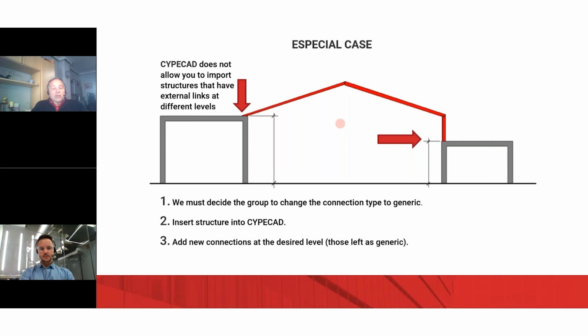But when we are going to export into CAD, we must change one of them. We must choose which one we are going to change. In this case, I'm going to change this joint to a generic one. And then we can move forward inside CAD. Inside CAD, once it is placed, we can change that connection to an external fixity. That's the way to work.